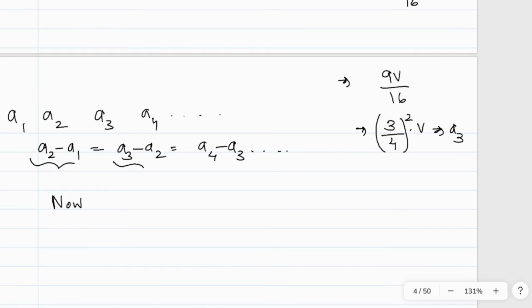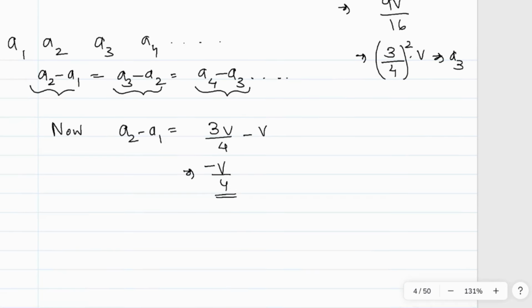If this is satisfied, then we can tell that this is an AP, right? Now checking A2 minus A1, what's the value? A2 minus A1 means 3v by 4 minus v, which is equal to minus v by 4.